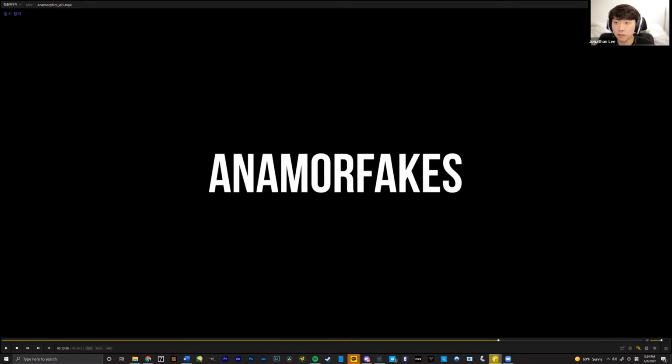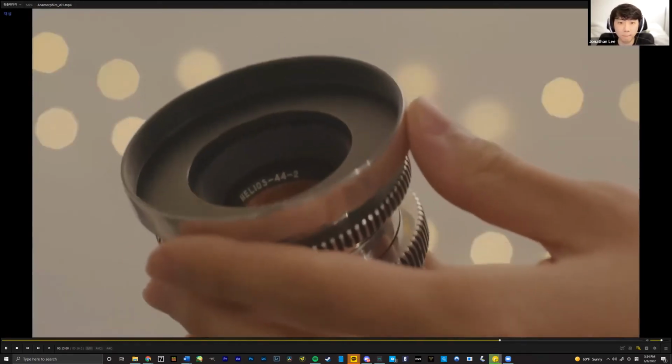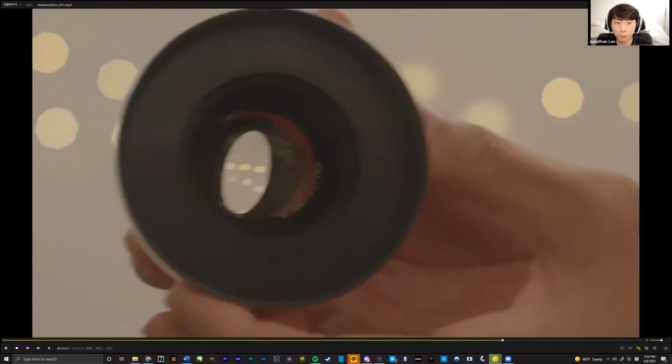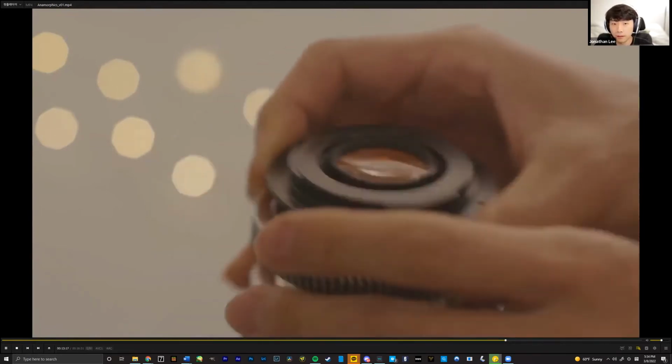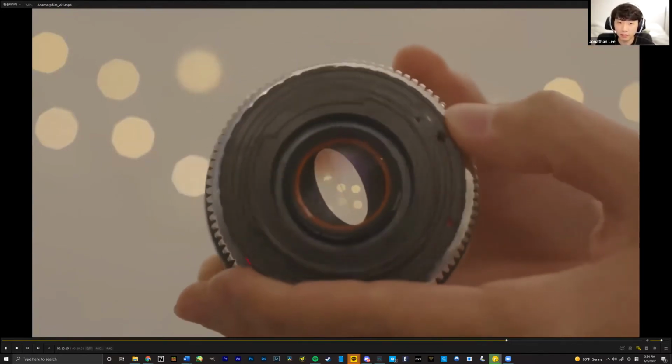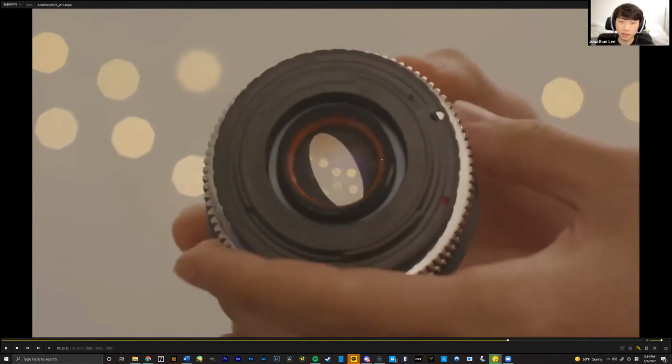Now let's move on to anamorphics, or so-called anamorphoses. This is an anamorphic lens. Basically, it's a spherical lens with an oval-shaped iris in it, and also a thin wire, preferably a transparent fishing line.